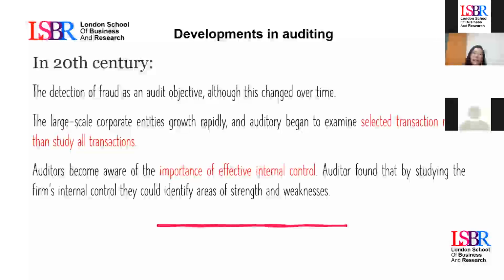But in the 20th century, fraud was the main objective, maybe because in the past companies didn't have these sophisticated internal controls. So for that reason, they didn't trust the controls a lot, and they needed to review a lot of things.